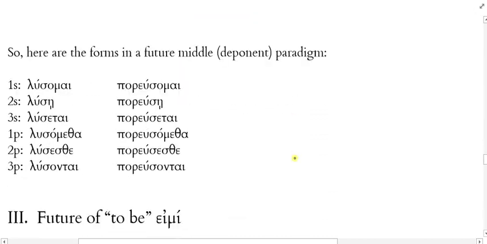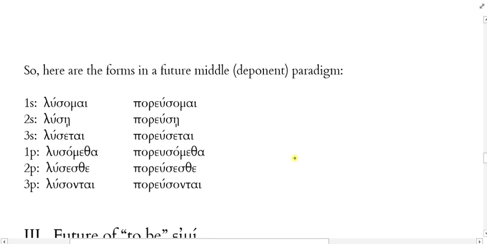Let's read the forms together. We'll start with the luo form, and then we'll look at poreuomai in the future as well. Poreuomai, I go, proceed, live. Okay, everybody, lusomai, luse, lusetai, lusometha, lusesthe, lusontai.